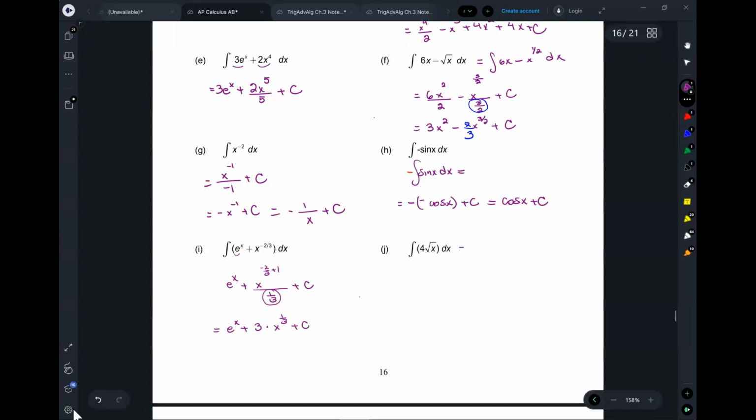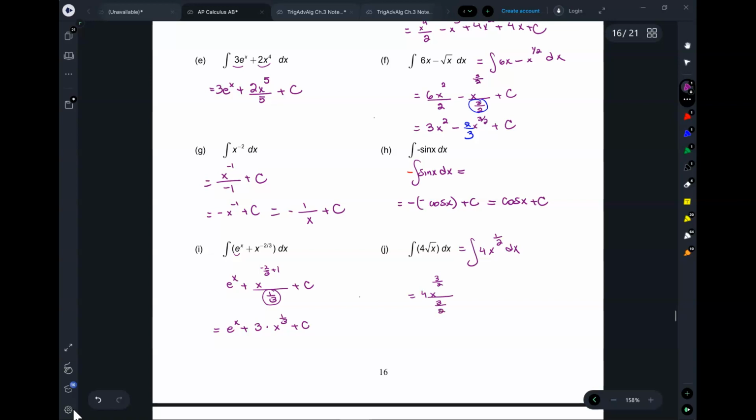And then lastly, let's rewrite this as 4x to the half dx. I'm sorry, we're going to take the antiderivative. So now this is going to be 4 times x to the power of, add 1 to the half, half plus 1 is 3 over 2.